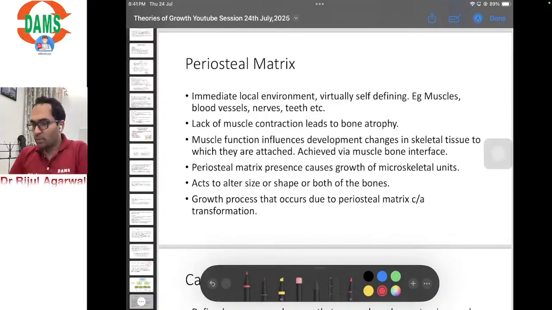We are going to come to which is the most accepted theory, if we get time today, otherwise in the next class. Moving ahead, this is the most important, or landmark, theory you can say, on whose premise many orthodontic concepts are based, and to this day we use applications of these concepts in myofunctional appliances and everything.